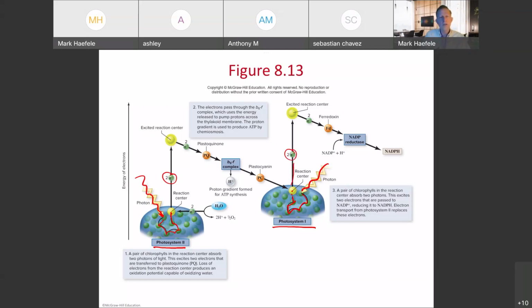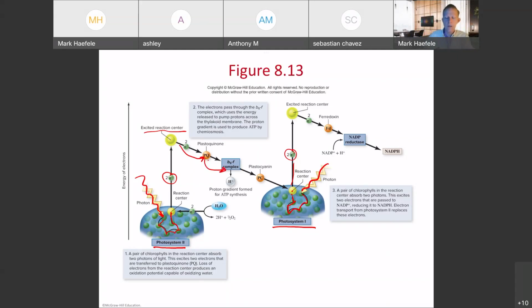Then, in order to kick off the electron transport chain that we see here, we have the electron associated with the reaction center being picked up by an electron acceptor. In this particular case, the electrons are picked up by a molecule called plastoquinone. And so that basically grabs a hold of the excited electron that comes off of photosystem 2, and then plastoquinone will take that electron and transfer it to the B6F complex.